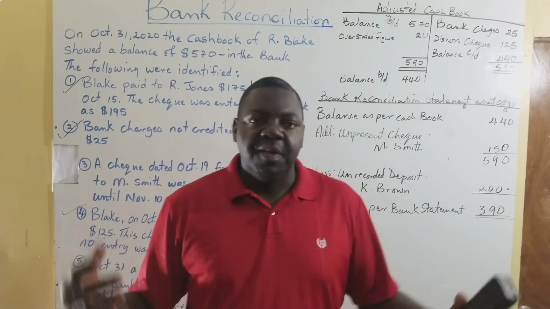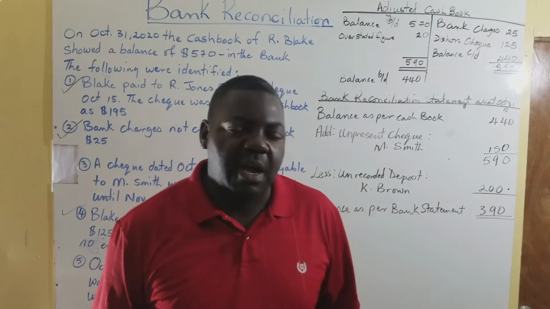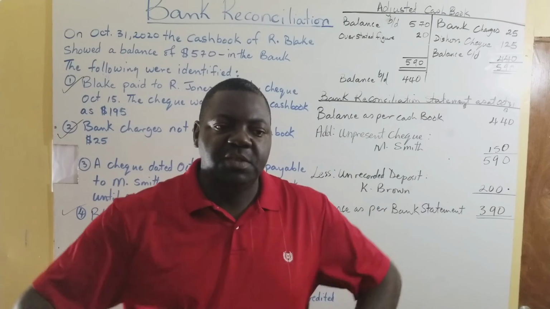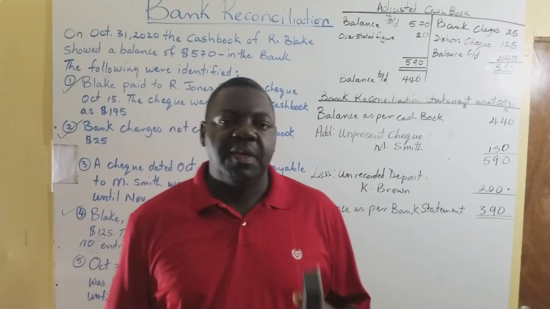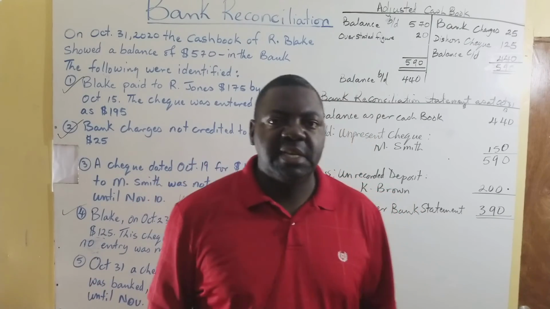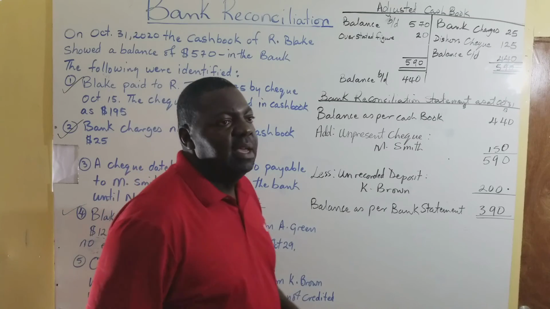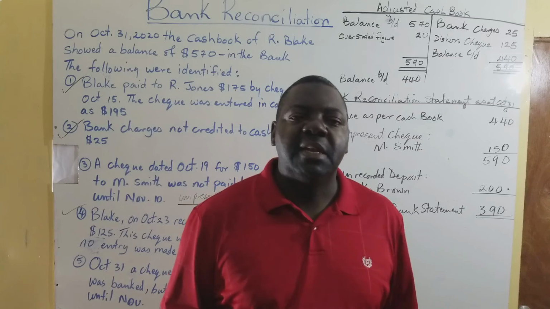All right. There are situations when we have a bank overdraft. Once we have a bank overdraft situation, then the procedure in doing the bank reconciliation statement is going to be a little adjustment.